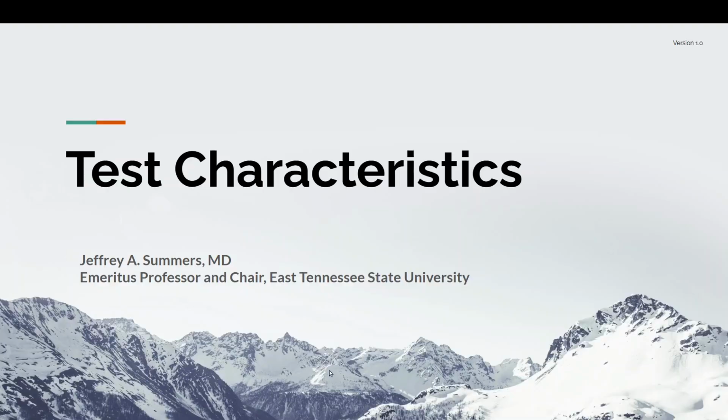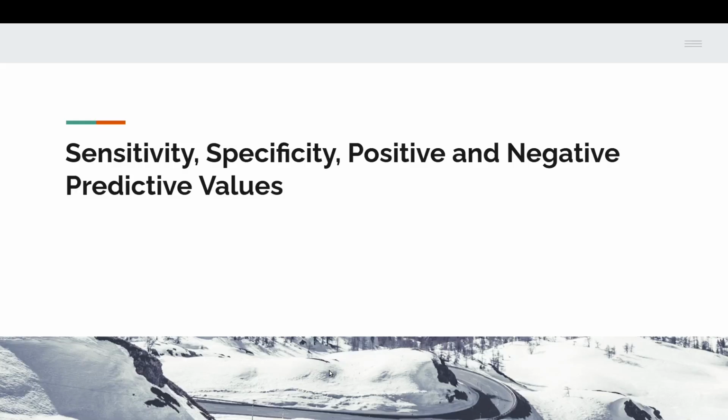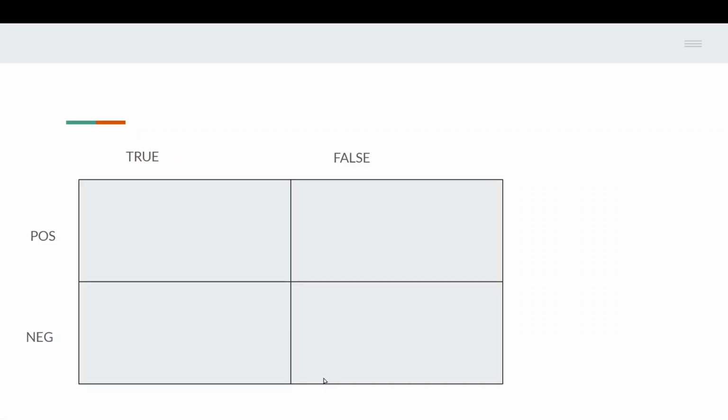Okay, let's get started. We're going to be looking at sensitivity, specificity, positive and negative predictive values, and by the end, you should have a pretty good handle on what these measures actually do. And we start off, you're typically taught about this grid that has true and false positives and negatives.